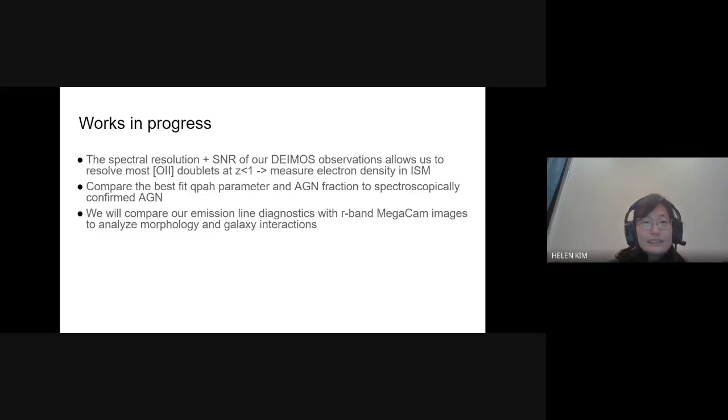In addition, we would like to analyze the QPAH parameter and the AGN fraction from SED fitting and see how those vary with our spectroscopically confirmed AGN. And we would also like to connect our emission line diagnostics to R-band MegaCam images in order to look at the morphology and galaxy interactions. And that's my talk. Thank you.